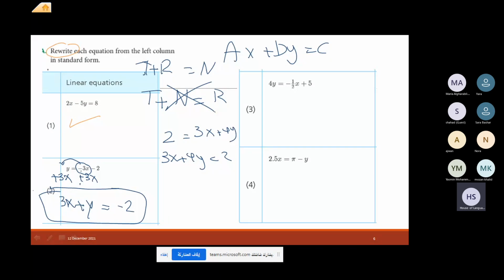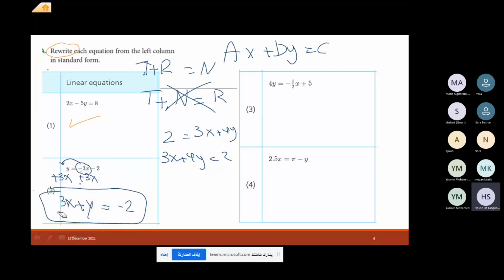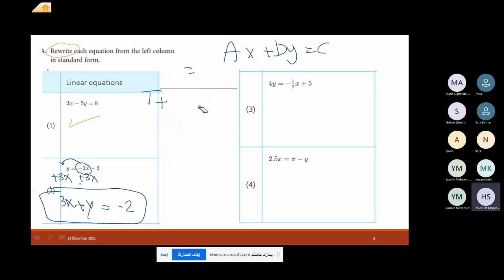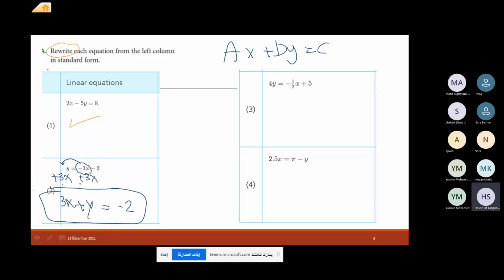Okay, teacher, thank you. I understood. But now, number 3. Here, y on this side and negative half x plus 5 on the other side. What do you have to do?